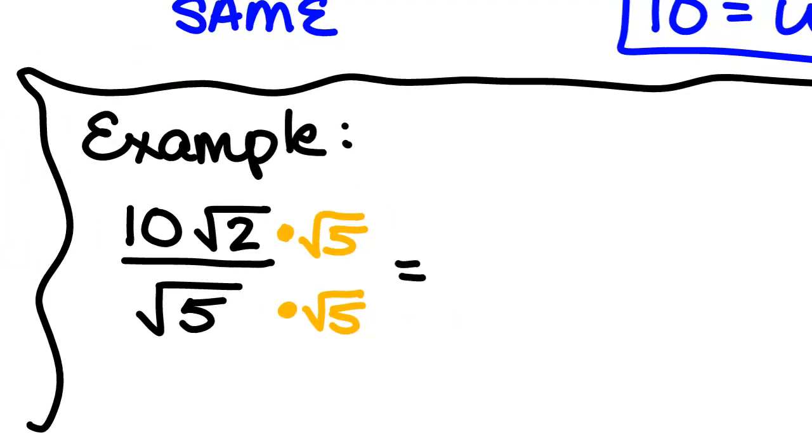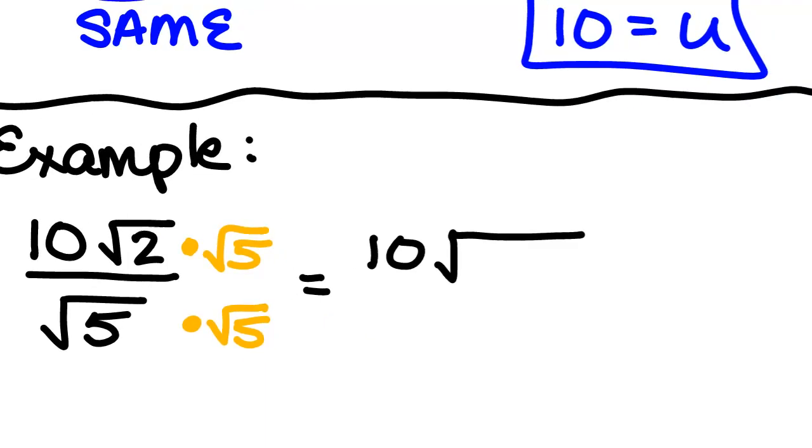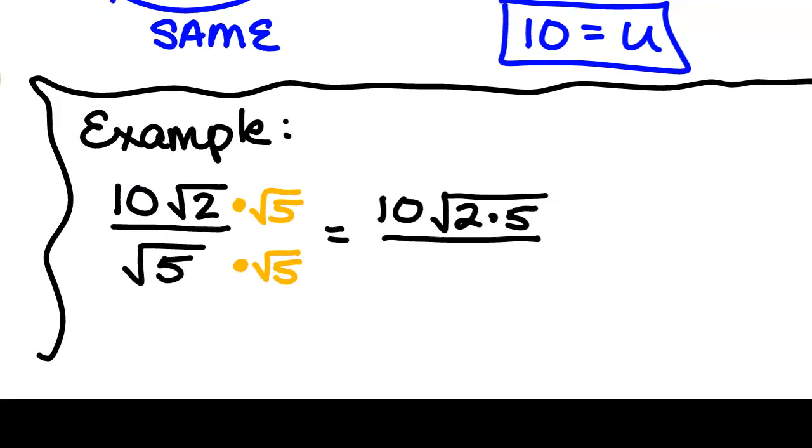Up in my numerator, the 10 stays exactly the same because it's not underneath a radical. The 2 and the 5 are both underneath radicals, so those get multiplied together. And on the bottom, I have square root of 5 times itself. That's square root of 5 squared, right? Well, what happens when you square and square root? It cancels out. So I just have a 5 in the denominator.